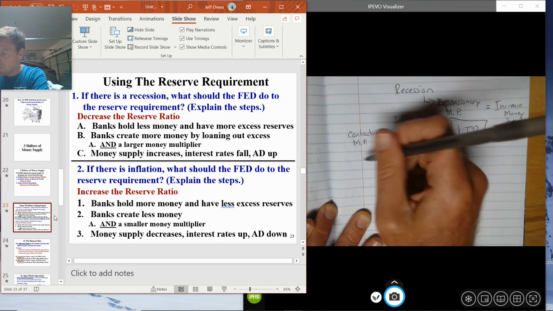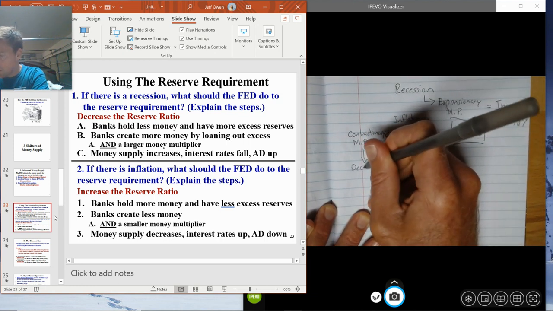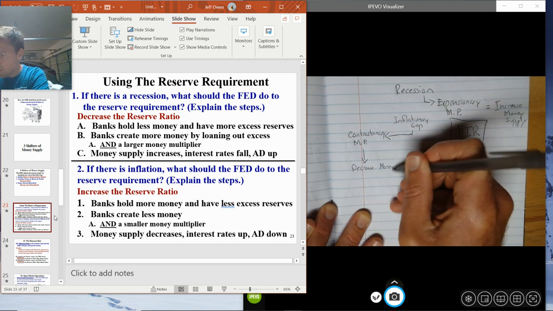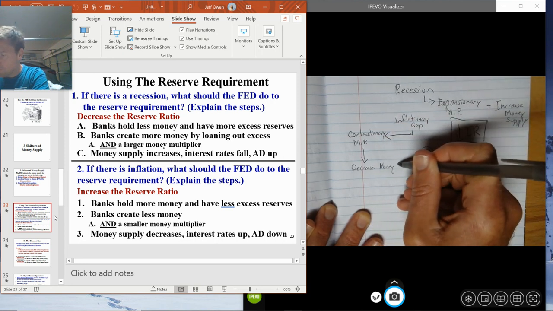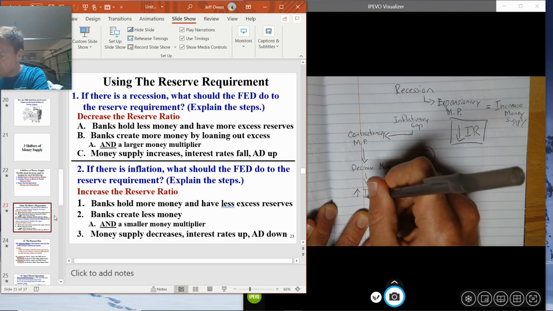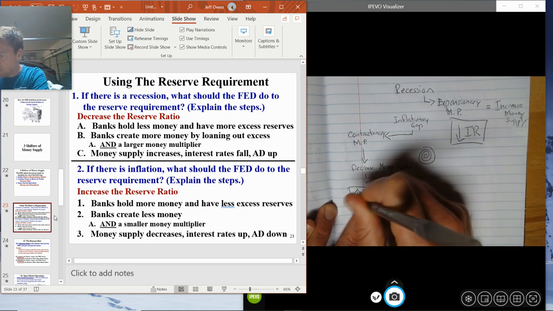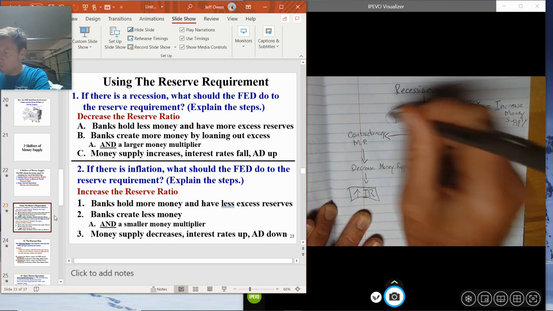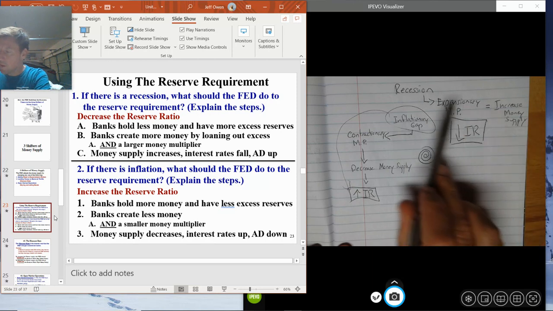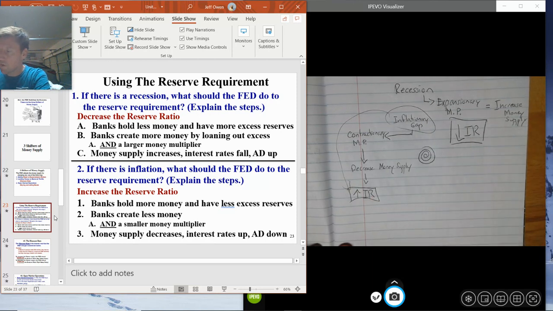We need to decrease the money supply. And what effect will that have? Well, that is going to increase our interest rates. So in an inflationary gap, we're going to have to increase the interest rates. That way it curbs our spending. And in a recessionary gap, we're going to decrease our interest rates.